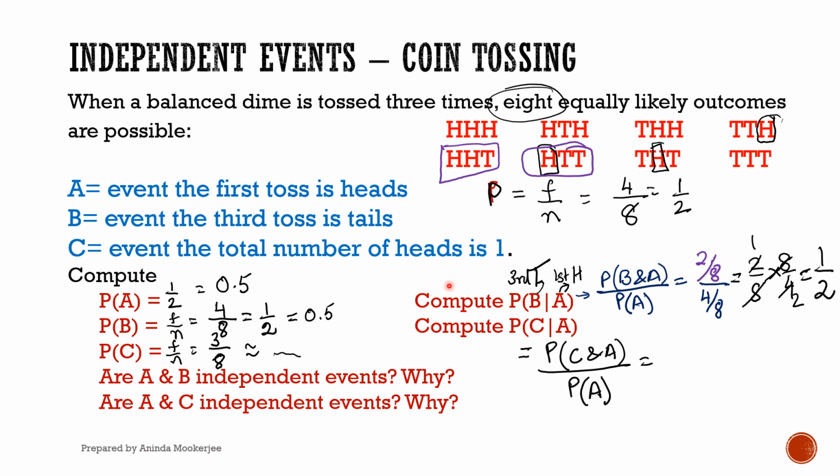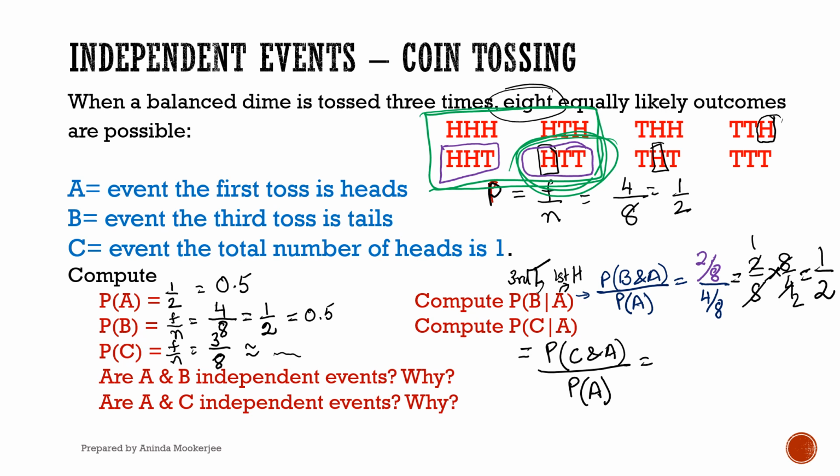All right, so let's look at how many situations we have with H as the first toss. We just have these 4, right? These 4 have heads in the first toss, so we narrow it down to that. Out of that, in how many cases do we have 1 heads? In only 1 case, correct? Only in this case. So probability of C and A happening together is 1 out of 8.